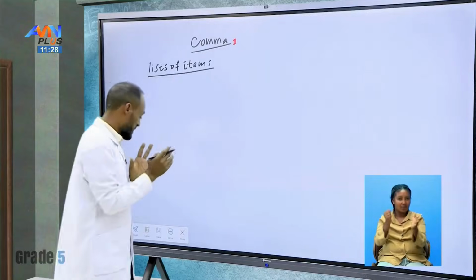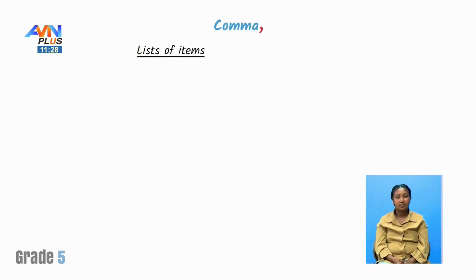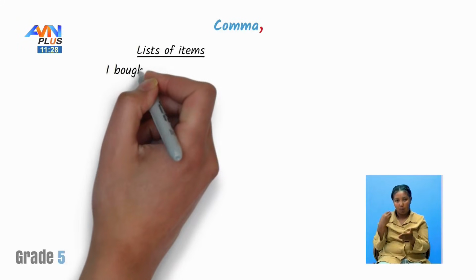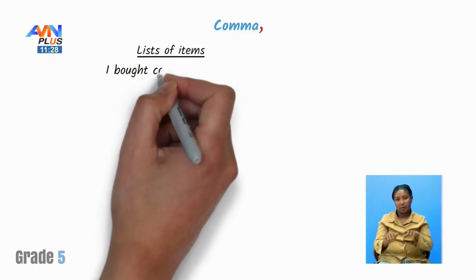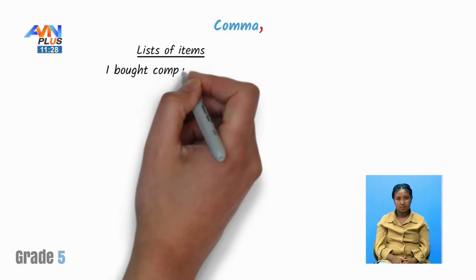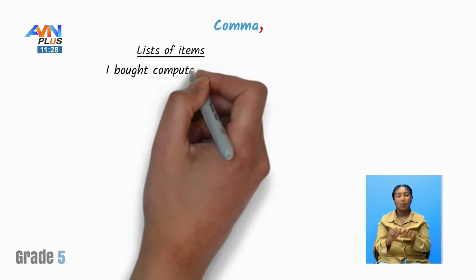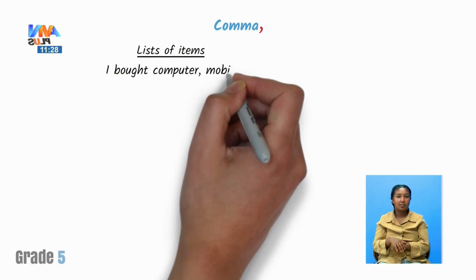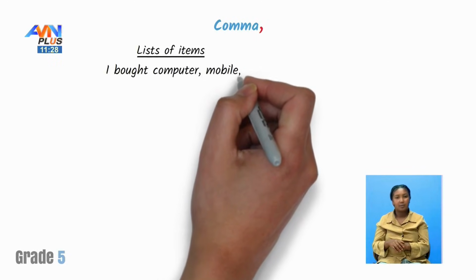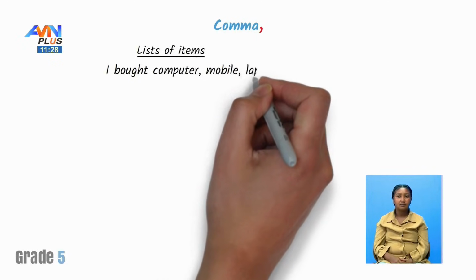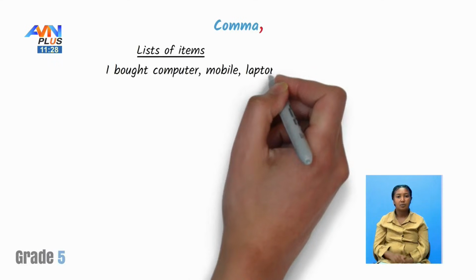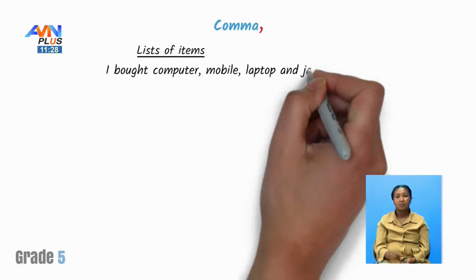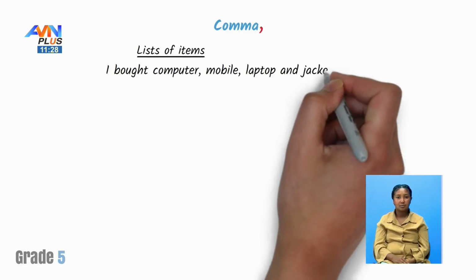For example, I bought computer, comma, mobile, comma, laptop, and jacket.